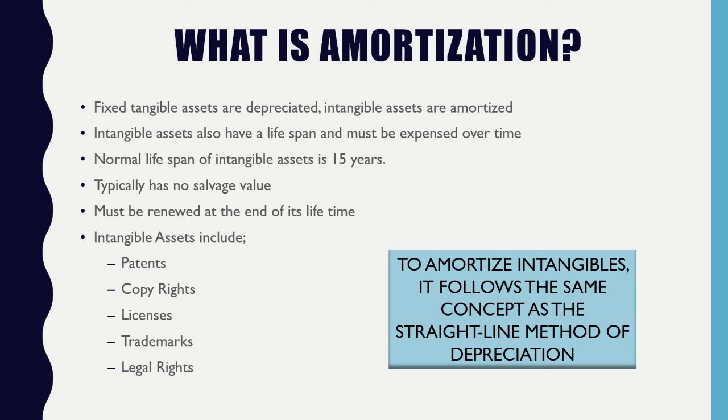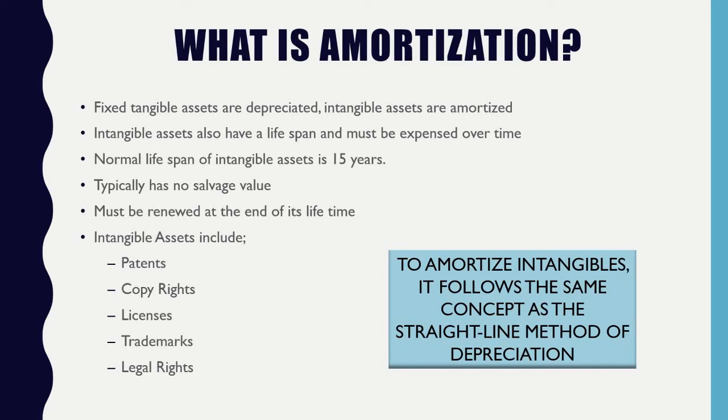If depreciation is for fixed tangible assets, amortization is the same thing, except we use amortization to depreciate intangible assets. So again, depreciation is for tangible assets, amortization is for intangible assets.